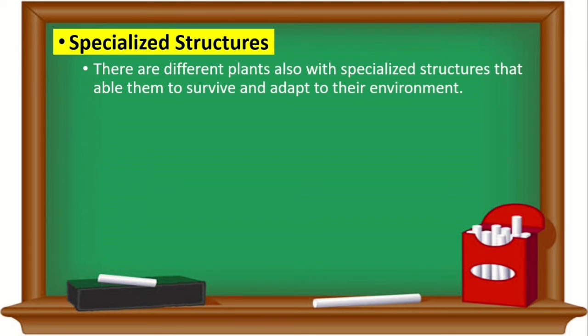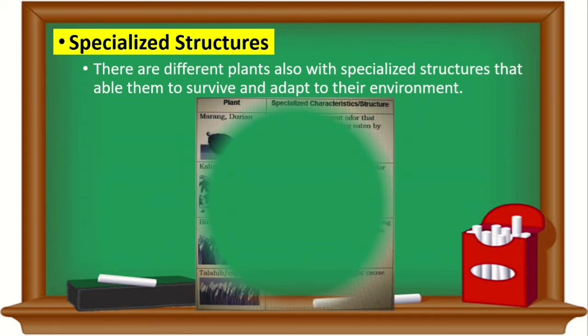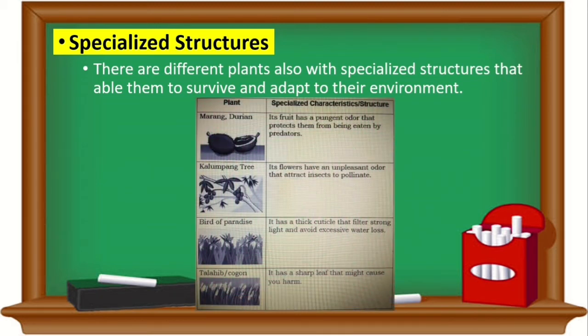There are different plants also with specialized structures that enable them to survive and adapt to their environment, like marang and durian. Marang and durian has a pungent odor that protects them from being eaten by predators.